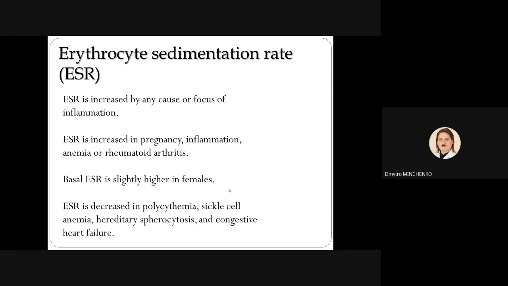Basal ESR is slightly higher in women, although it is virtually the same for small children, whether they are female or male. ESR is decreased in polycythemia, sickle cell anemia, hereditary spherocytosis, and congenital congestive heart failure, though this difference will not be evident in very small children, as their normal can be anywhere from 0 to 2.